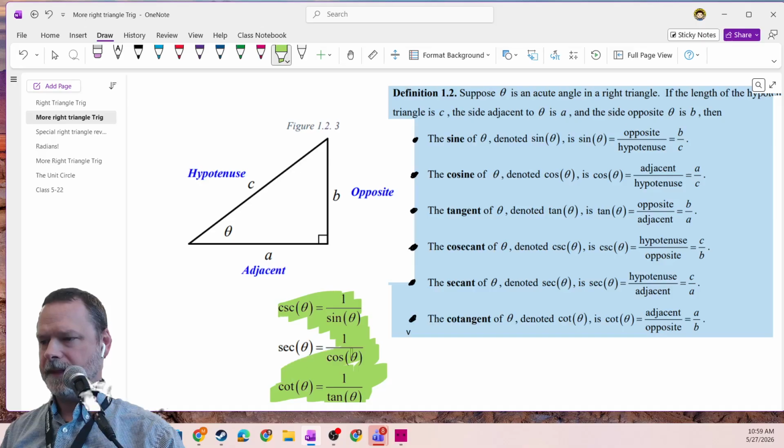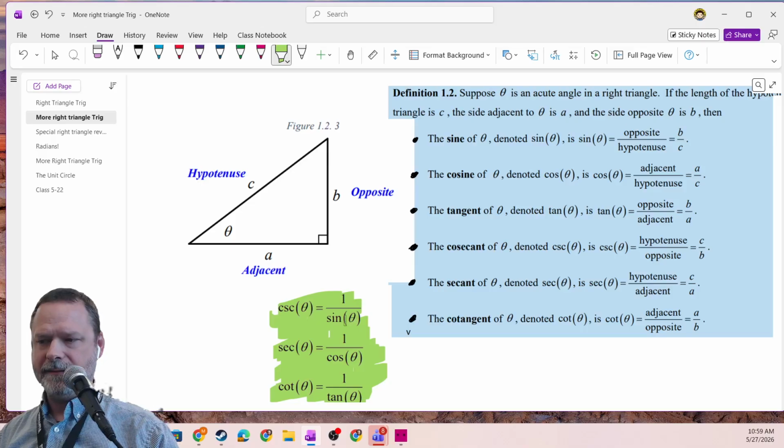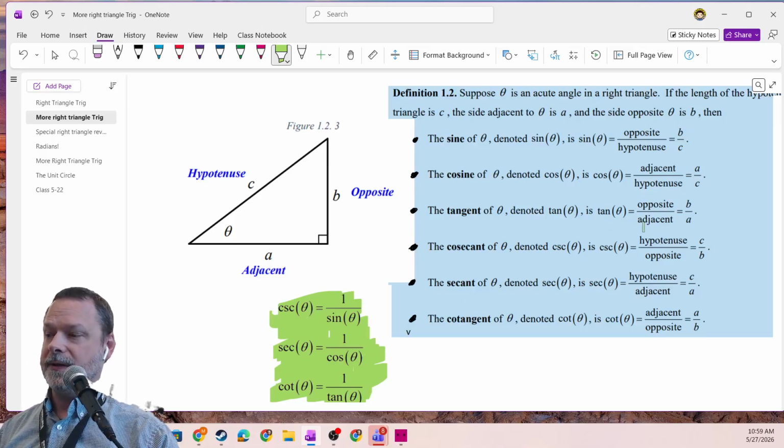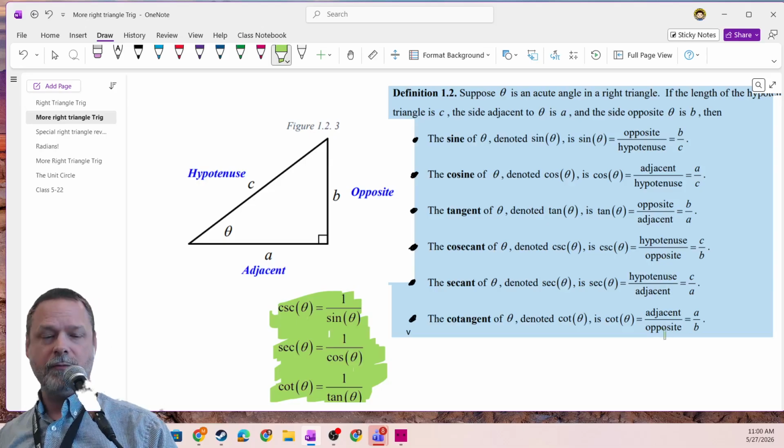This is the way to do it. Remember, cosecant is 1 over sine theta. Secant is 1 over cosine theta. And cotangent is 1 over tangent theta. That's going to be way easier to remember than to remember 3 more ratios. This is easier.